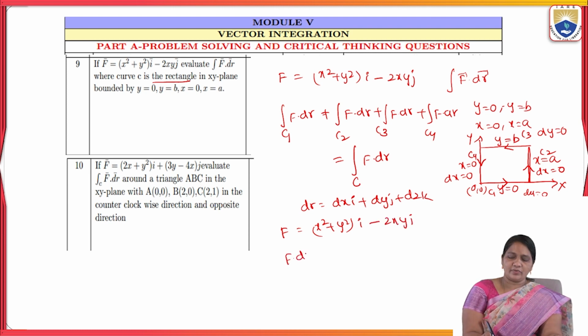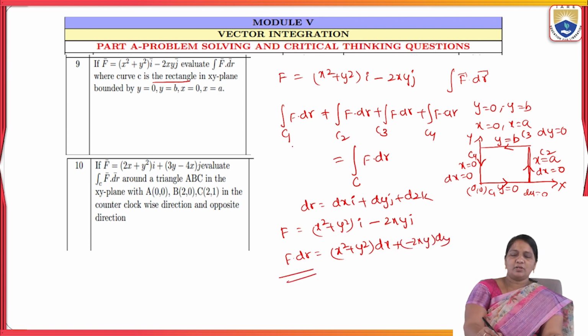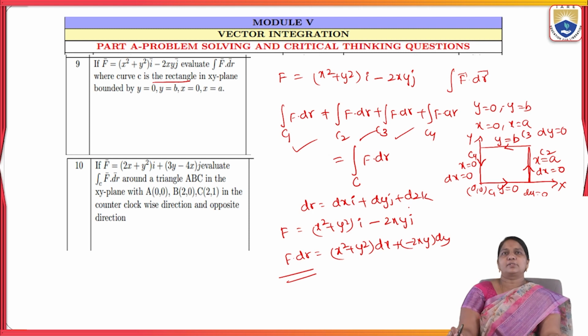Then we can calculate F dot dr equal to x square plus y square into dx plus minus 2xy into dy. So you can calculate this value according to the limits.